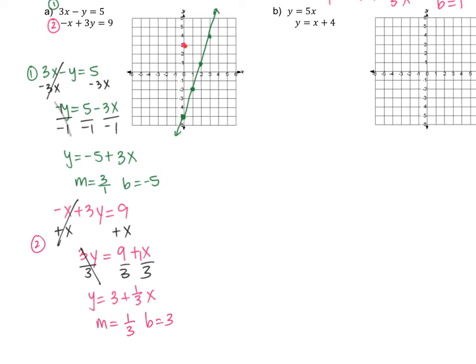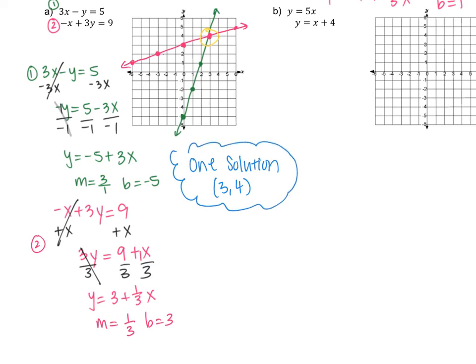So I go to 3, up 1 over 3, and then I would hit it right here. And try to make this graph look nice. So it looks like I have one intersection right here, and that intersection looks like it's at 3, 4. So I have one solution because there's only one intersection at 3, 4.